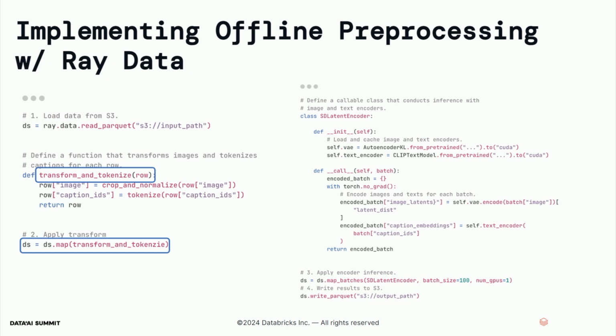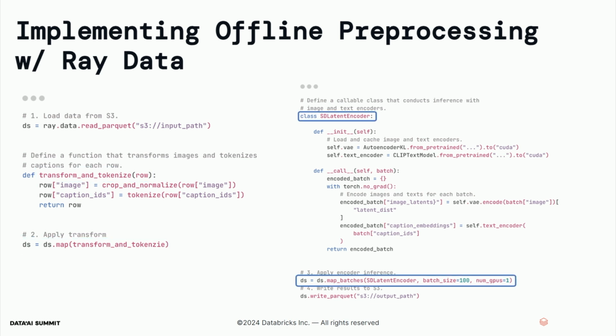By doing this, we tell Ray Data to apply the image transformation and text tokenization to each row in this dataset. And thirdly, we define this SD latent encoder class and pass it to the ds.map_batches API.